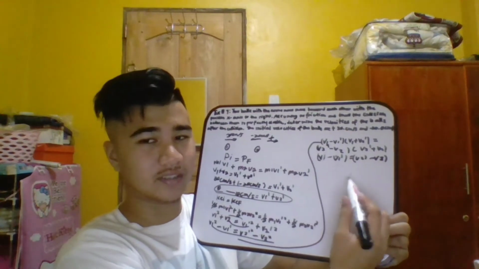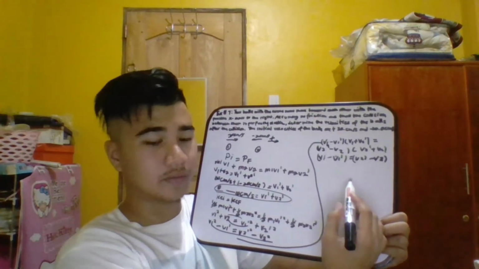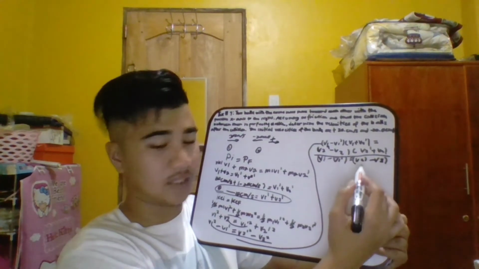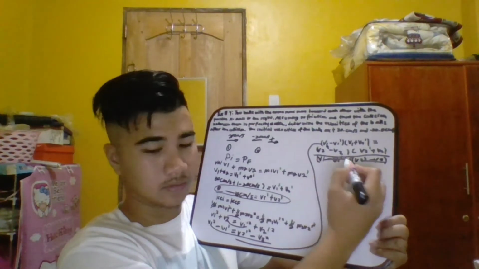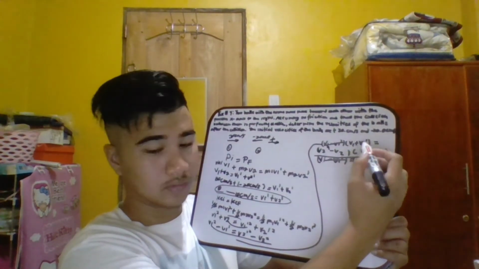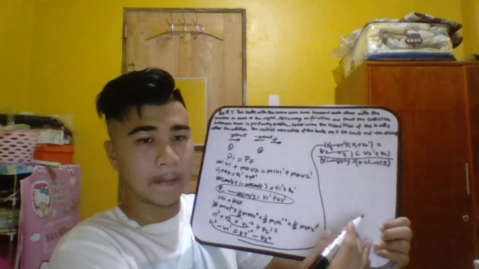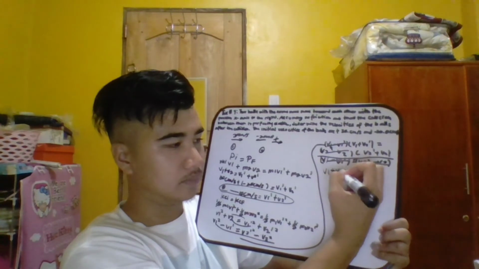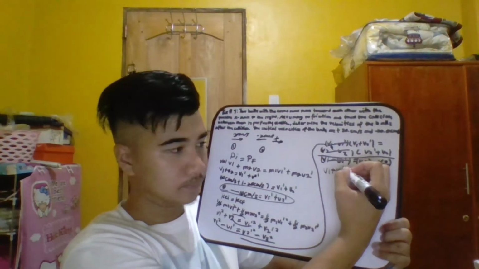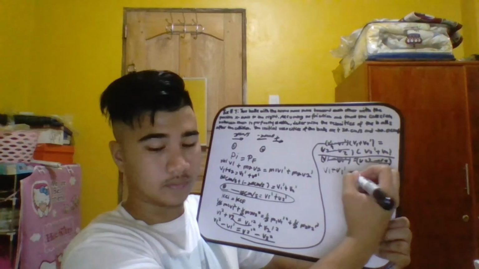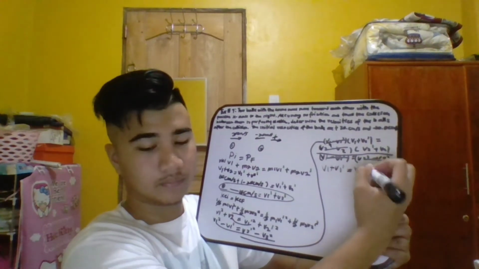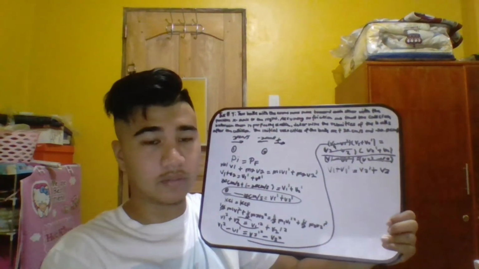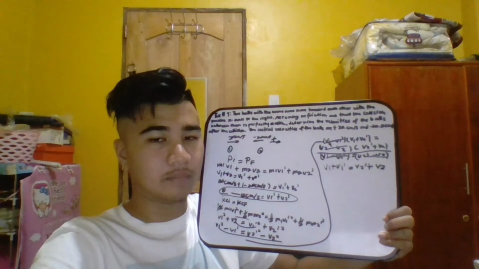So this is the other equation. We divide this equation by this equation, so this cancels and what remains is v1 plus v1 prime equals v2 prime plus v2. And again, we return them in terms of initial and final velocities.